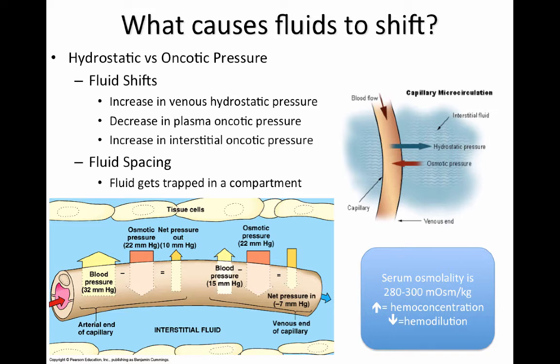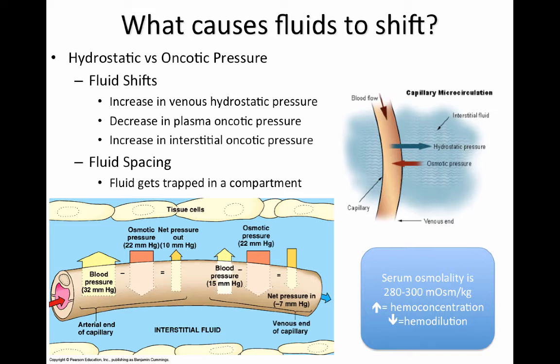So again, if you have an increase in venous hydrostatic pressure, then fluid cannot move into the vascular space. So you see this in heart failure and fluid volume overload, where you have excess fluid, right?